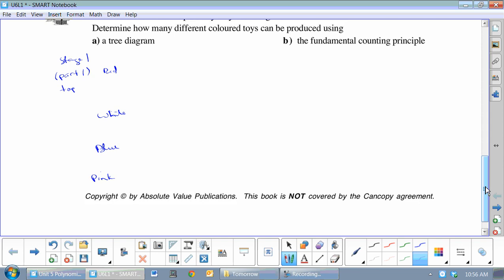Now, when we build these, would they be different toys, a red top versus a white top? Are they different toys? Yes or no? What do you think? To a 5-year-old, the answer would be yes. Probably to some adult buying them, as your kid's freaking out because they wanted the white one, you go, come on, they're just the same, right?